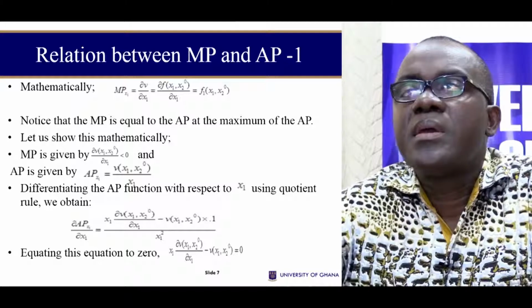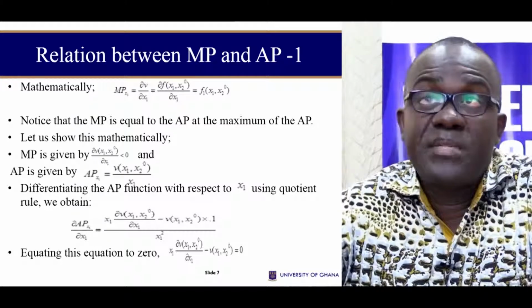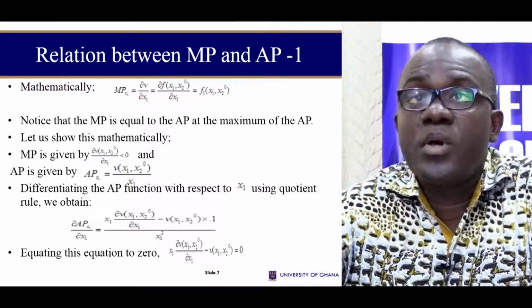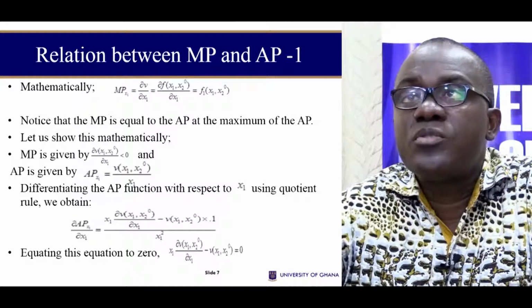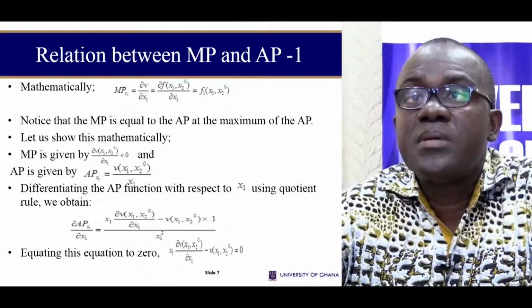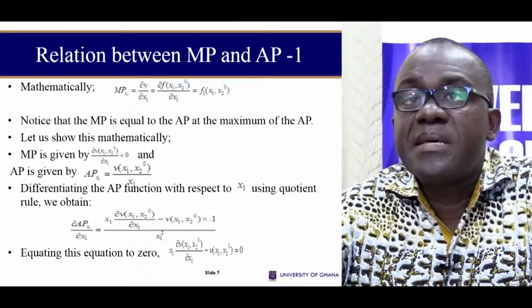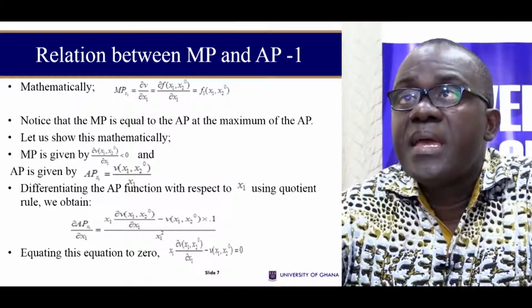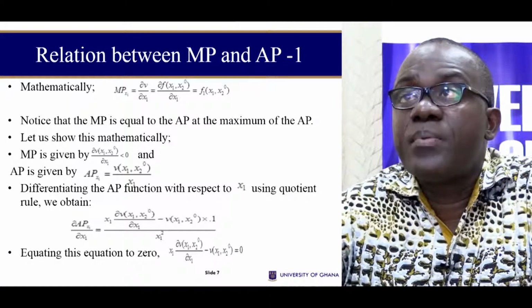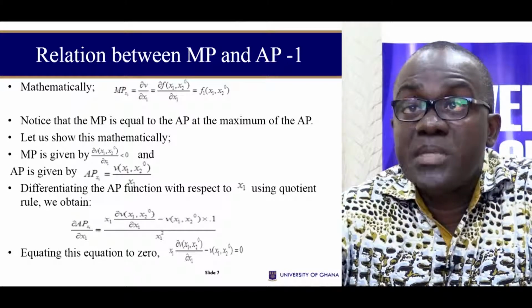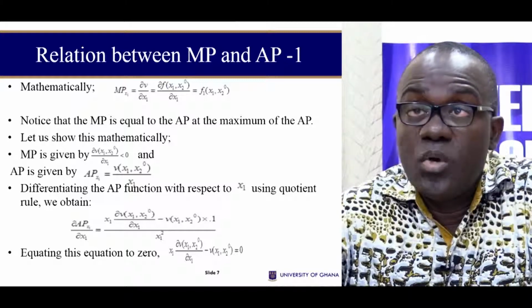Now, one thing we need to know is that in the production function, the marginal product is equal to the average product at the maximum of the average product. When we try to understand this concept, we have here the marginal product, and then we have this one to be the average product. Since the marginal product is equal to the average product at the maximum of the average product, it means that we have to differentiate the average product. When we differentiate the average product here, we are using the quotient rule.